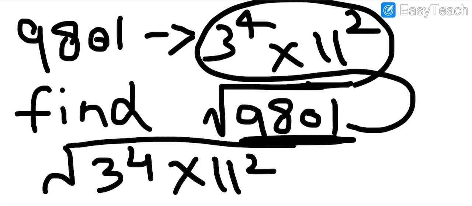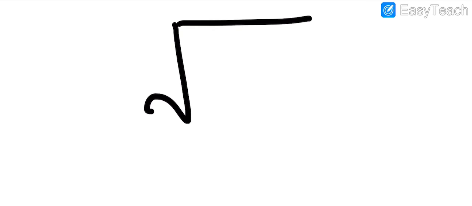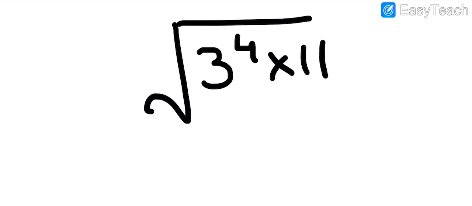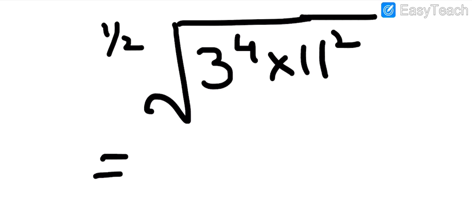Okay, and we already know if there is no power on the under root, it automatically means the power is 1 by 2 of this under root. Okay, it means that 3 power 4 into 11 power 2 is equals to, this 1 by 2 is the value of 2.